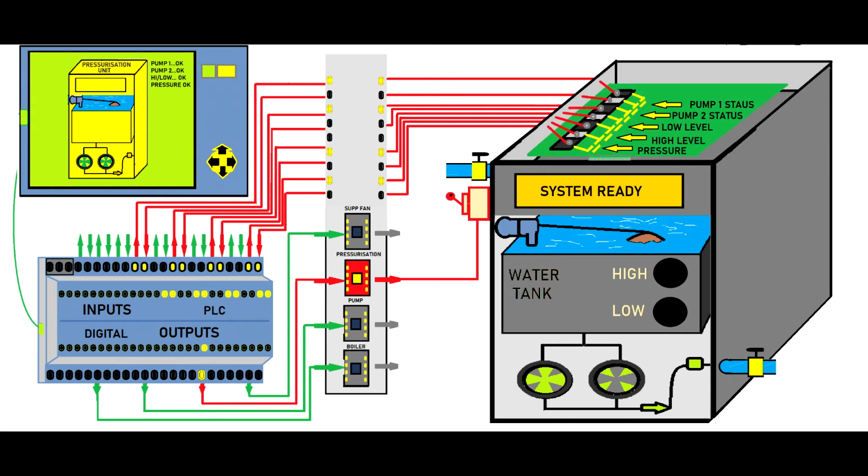Now you've seen what is inside: the pumps, the one-way valve, the pressure transducer, and also the high and low level switches on this water tank. Now on the top you will see a printed circuit board, and that printed circuit board will control the pumps, and will collect data from the pressure transducer, and also from the high and low level switches.